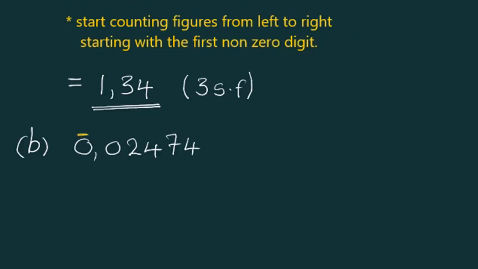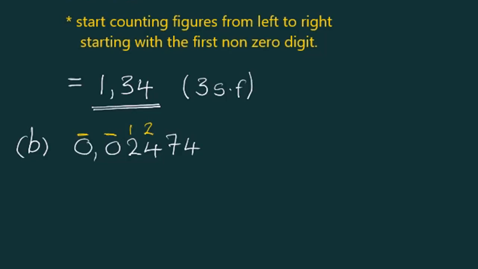In this case 0 is a zero digit, and this one as well, so these two are not significant figures. We start from 2, so that's the first, and 4 is the second, and remember we only want 2 significant figures. Alright, so we now have our 2 significant figures right there.